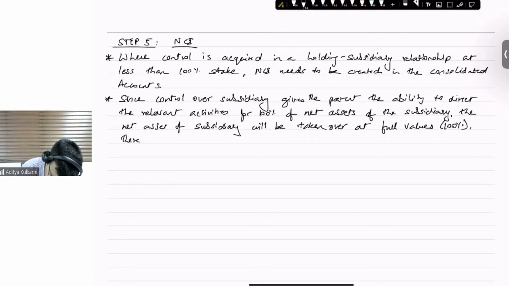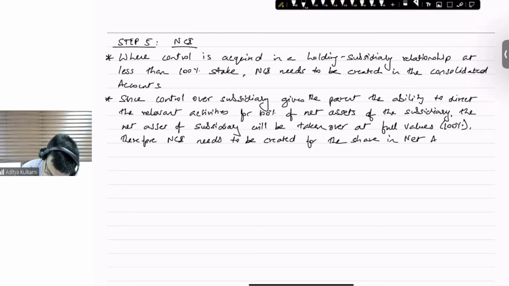Therefore, NCI needs to be created for the share in net assets that do not belong to the parent.